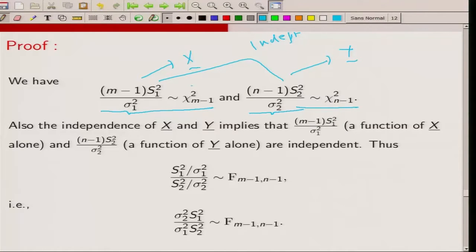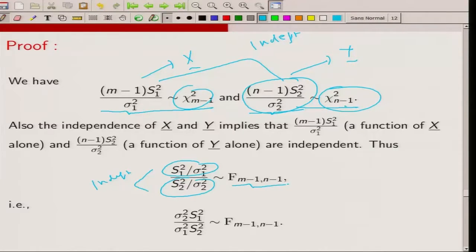So I have two independent chi-square distributions. If I divide each by its degrees of freedom, I get s1 square by sigma 1 square divided by s2 square by sigma 2 square. They are independent, so this would have F on m minus 1 and n minus 1 degrees of freedom. This is equivalent to saying that sigma 2 square s1 square divided by sigma 1 square s2 square is F on m minus 1 and n minus 1 degrees of freedom.